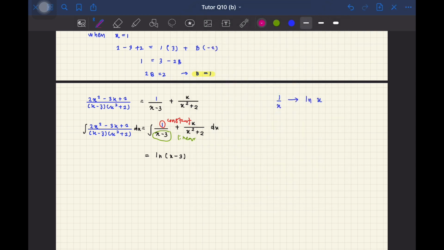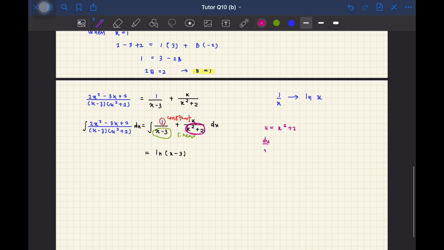So I am going to choose this one down here as my u. So u is equals to x squared plus 2. Okay, and then I will have du dx equals to 2x.